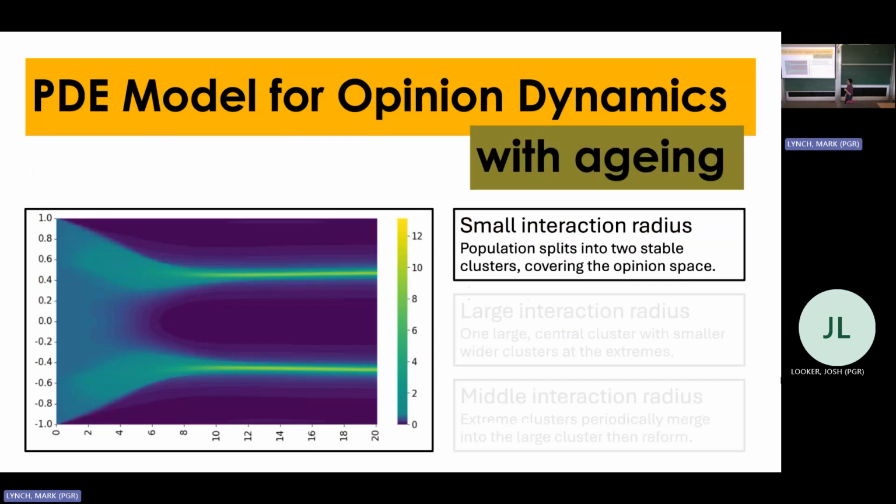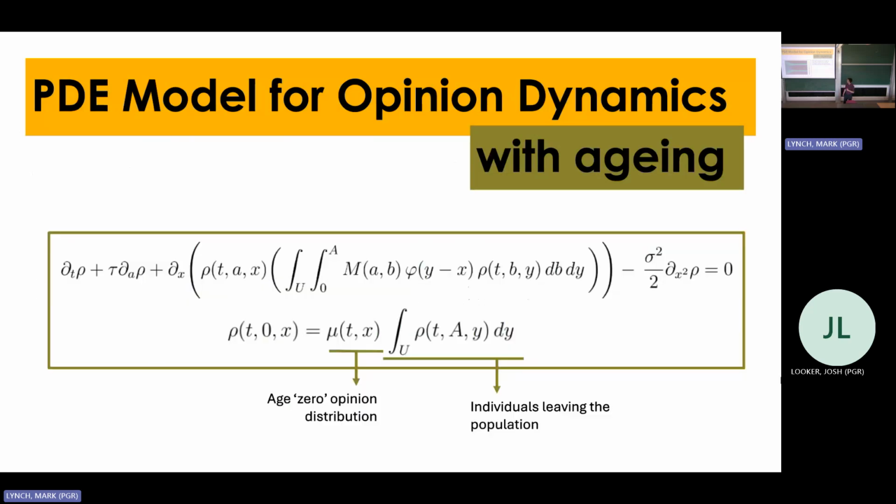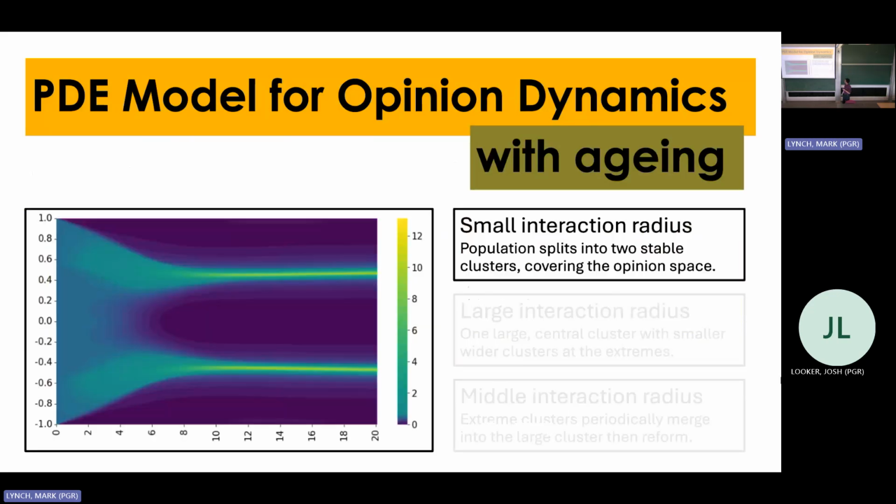Okay, so first example, in all of these three, I'm putting this M to be equal to 1. So everyone interacts the same regardless of their ages. And again, the interactions between different opinions are going to have this cutoff. So if the cutoff is small, we still get 2 clusters like we did last time.